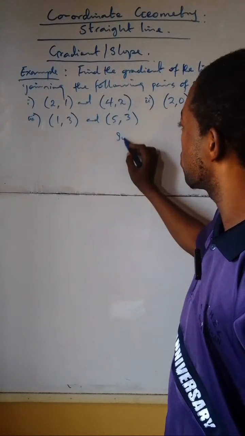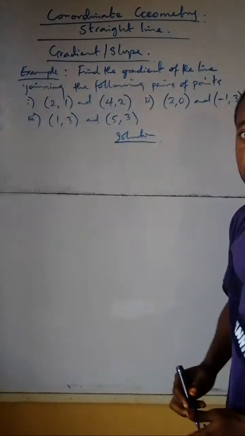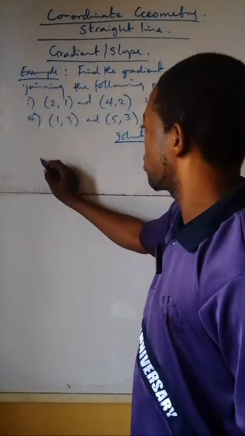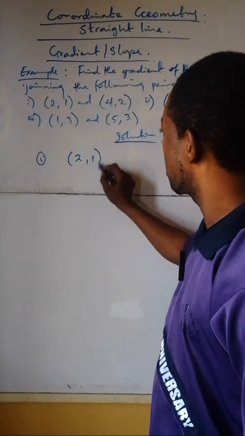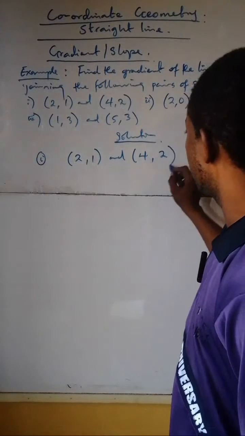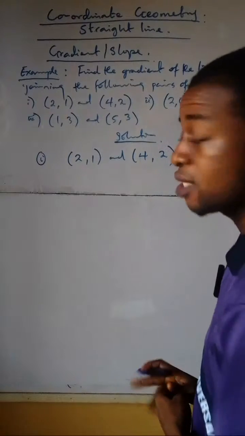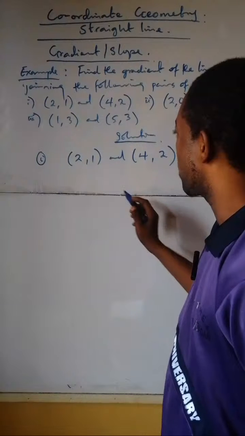Now let's look at the solution here. From what is given here, what we are finding is the gradient of the line joining these points. From the first one, we are given these 2 points, which is 2, 1 and 4, 2. From here, we should note that we have it in ordered pair. That is in Cartesian plane, we have it ordered pair in form of x, y.